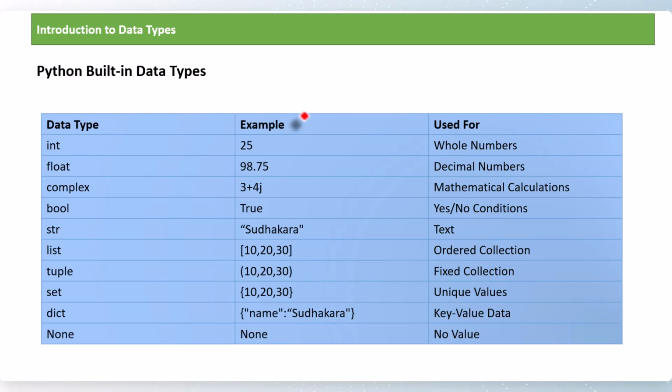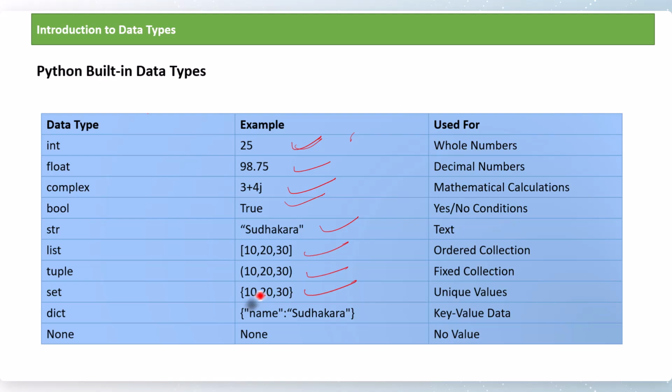Some of the examples you can see. The integer is 25. 98.75 is a float. 3 plus 4j is a complex. Boolean true. String Sudhakara. List you can see a list of numbers, which is in square brackets 10, 20, 30. A tuple, which is in parenthesis 10, 20, 30.